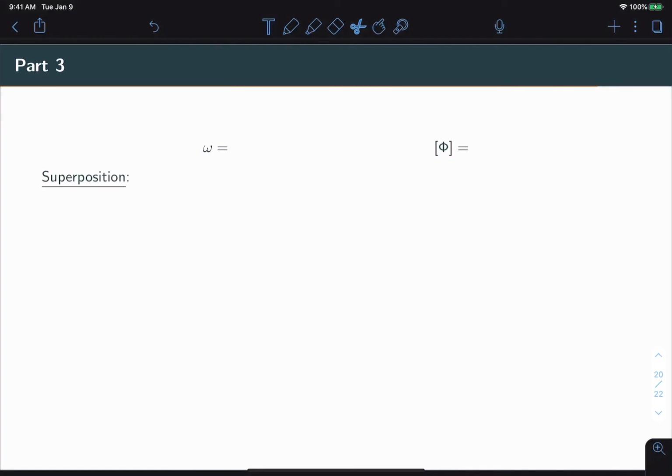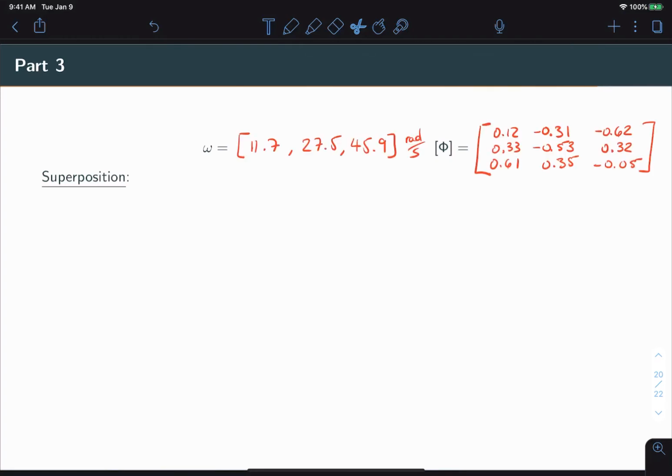Finally, let's look at the superposition case. In this case, we'll be using all the modal parameters, both natural frequencies and mode shapes. Let's start from our general equation for Ci. Notice that we'll need the values for the modal matrix, but since my mode shapes are mass orthogonal, these values are all going to be 1.